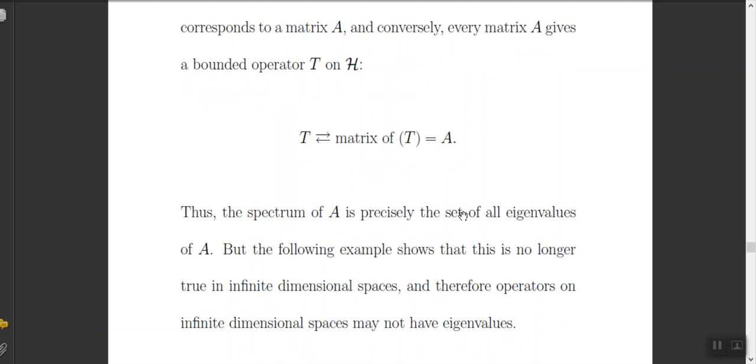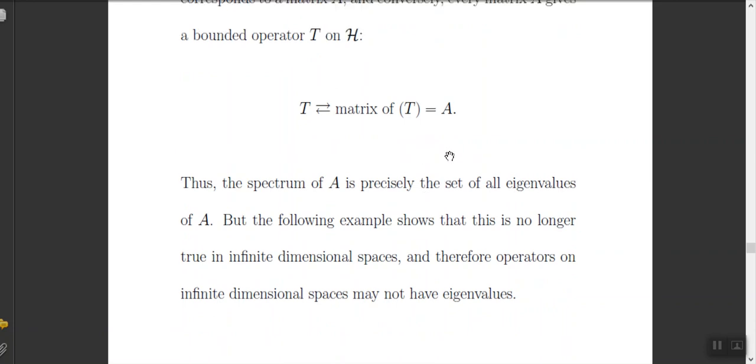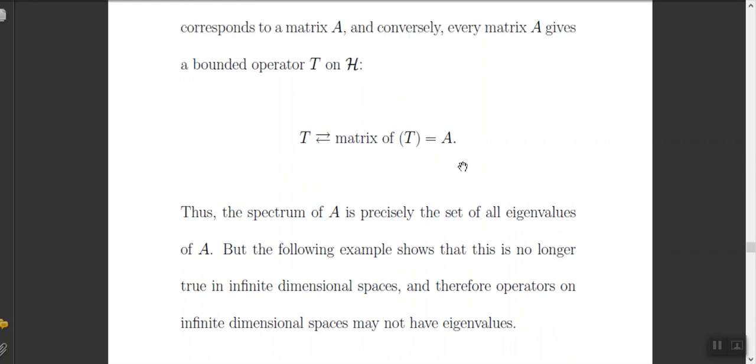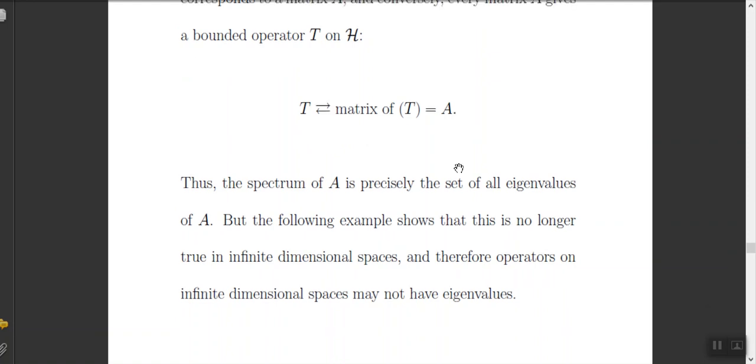And we gave an example of the spectrum of a bounded linear operator on C^2, a two-dimensional complex Hilbert space. That's the story about the finite dimensional case.